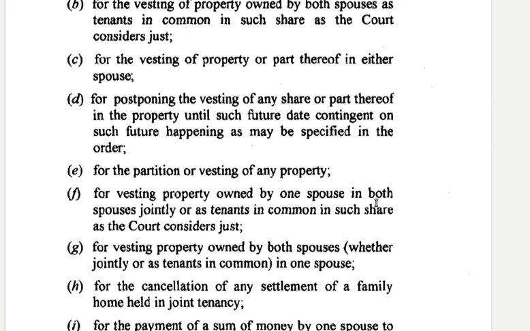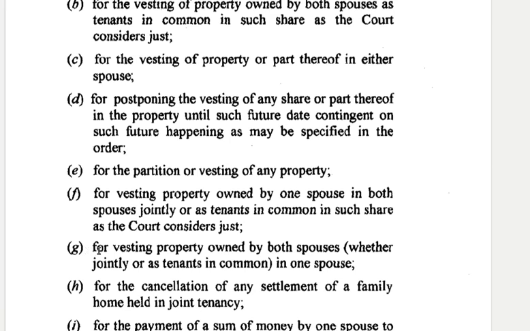Could be a motor vehicle, could be a house, maybe a business, whatever it is. The court could say that your spouse, even though you are the owner, now has a right to use it as the court considers just.